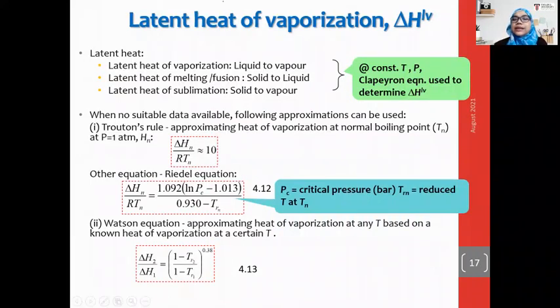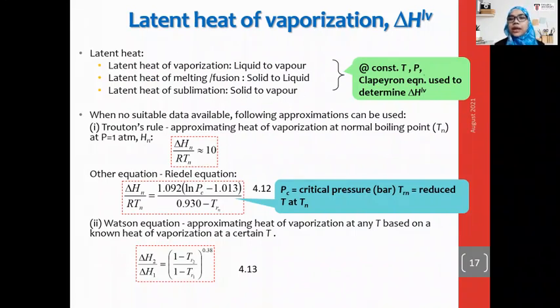Okay, what is the latent heat of vaporization? The latent heat is the energy required to change phases. For example, latent heat of vaporization is the phase change from liquid to vapor, latent heat of melting or fusion is from solid to liquid, and latent heat of sublimation is from solid to vapor.